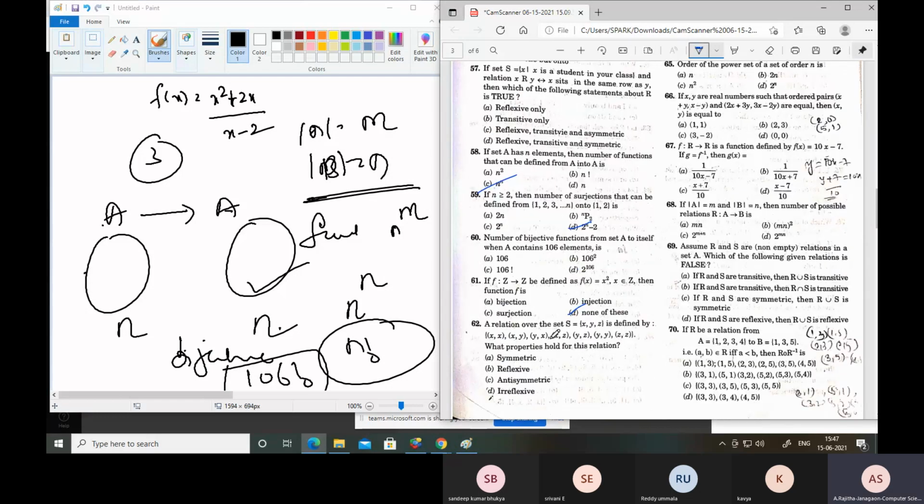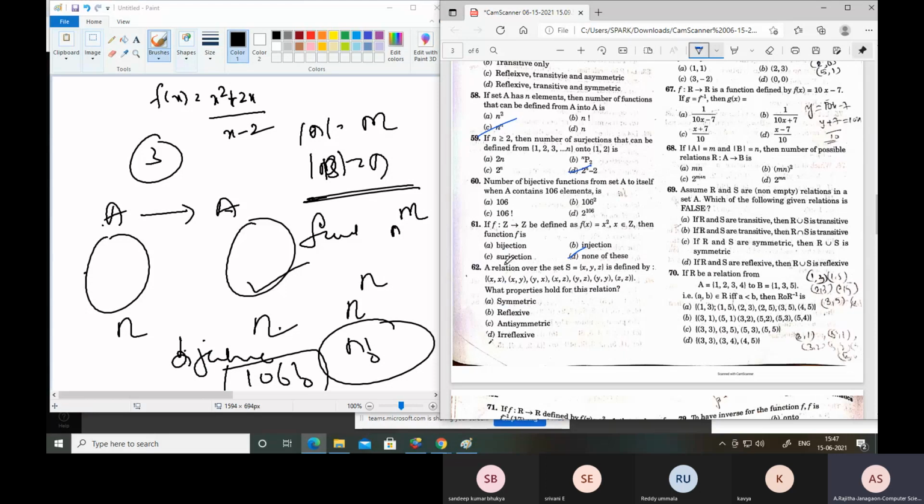Now 62 is only reflexive. Why? Because here x, y, z is there. Suppose coming to xy, here yz is there. So coming to xz, there is no zx. That's why the symmetric property is not satisfied.